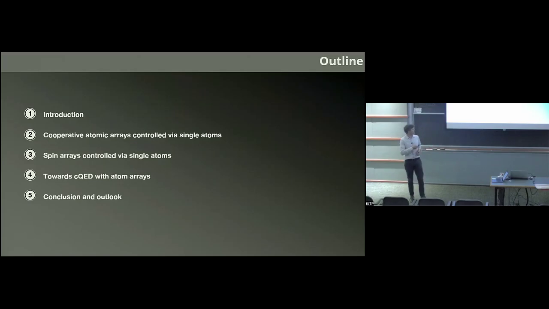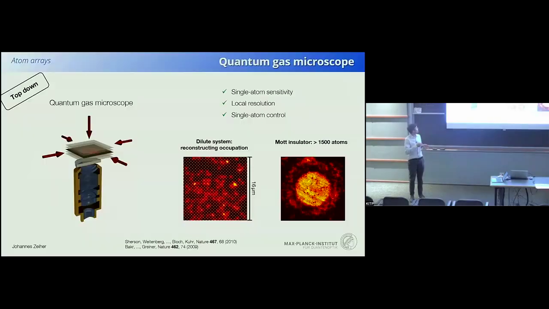All right, so let me start from the basics. First of all, let me introduce our experimental platform. The experimental platform we have in our lab is a so-called quantum gas microscope. So what is a quantum gas microscope? Well, as the name implies, the main part here is a very good microscope, and we can use that microscope to look at individual quantum systems that we prepare in 2 dimensions.